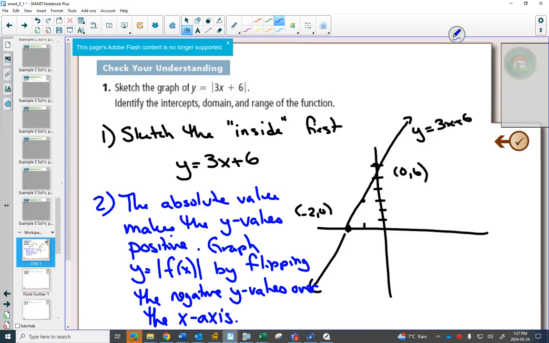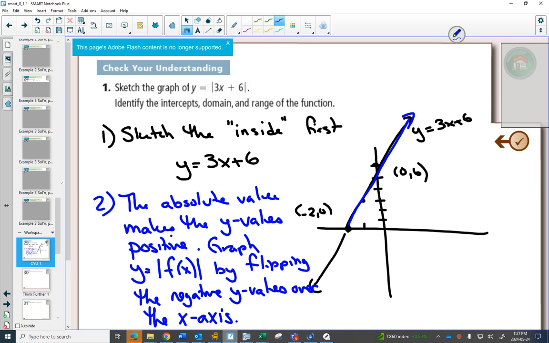So what we're going to do is graph y equals the absolute value of f of x by just flipping the negative y values over the x-axis. The positive y values, what happens when you do an absolute value of a positive number? It stays the same. So the positive values, and this is where my y values are positive, so it makes sense those would stay the same.